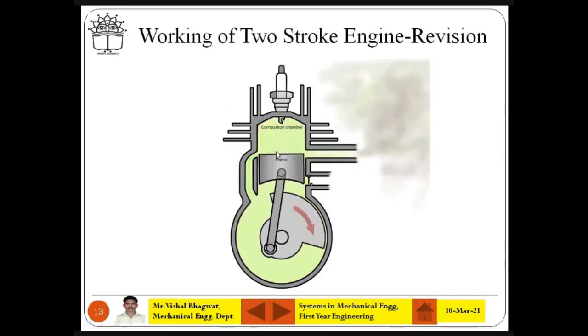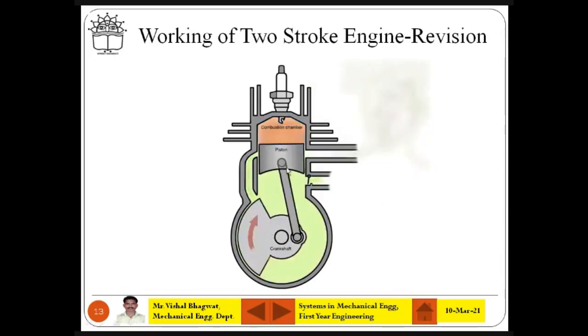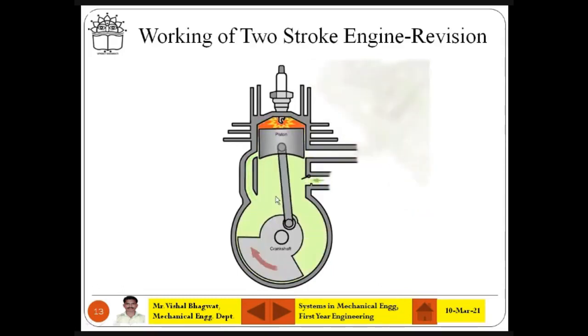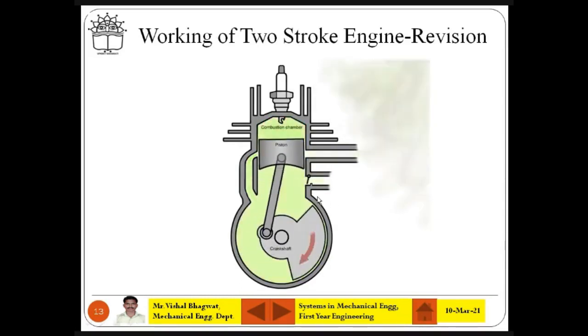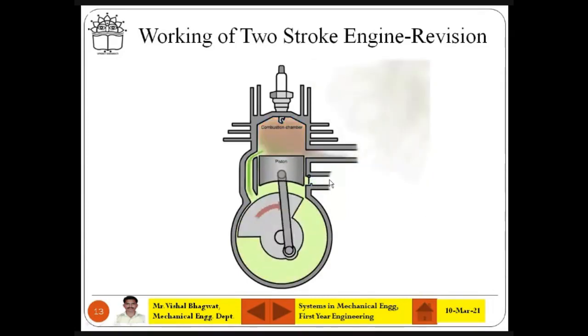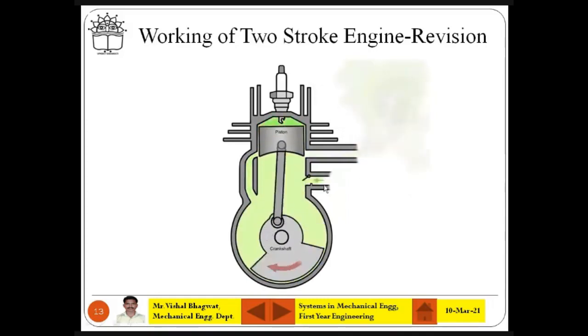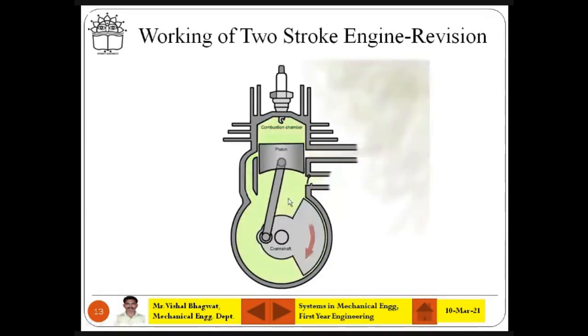Here you have 2 movements. At once it is going up. When it is going up, you need to clearly observe here: it is covering and uncovering some of the ports. When it is going up, the intake port is open and all the new charge is coming in.